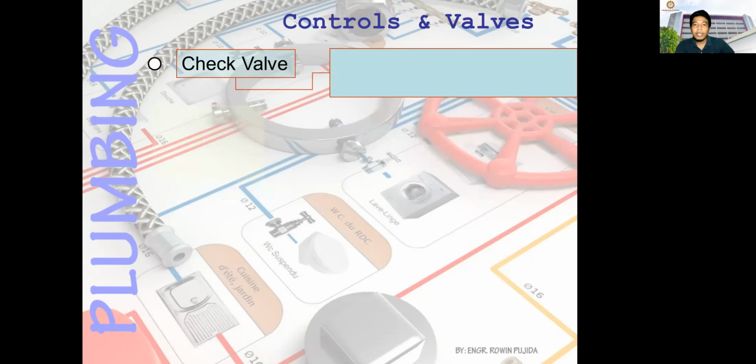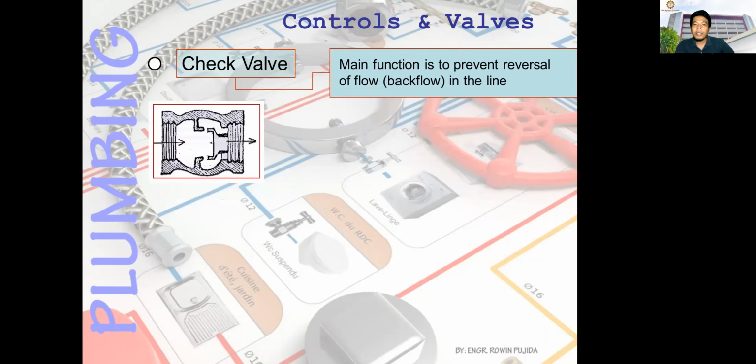Next, you have the check valve. The main function is to prevent the reversal of the flow or backflow in the line. This is commonly used in toilet and bathroom, since sometimes the flush tank of your water closet can have backflow or reversal of flow of water.